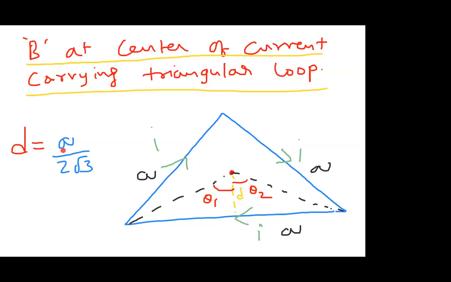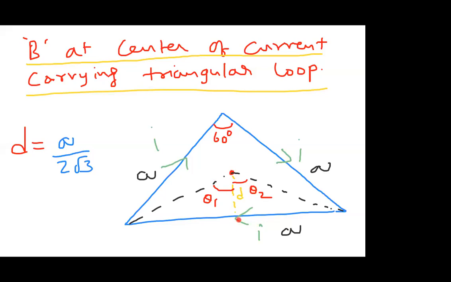In an equilateral triangle, the angle at the corners is 60 degrees. That is, all the angles at the corners are 60 degrees, which means the angle at the center subtended will be 120. Here 60, here 120, double the angle; that is also a property of an equilateral triangle.